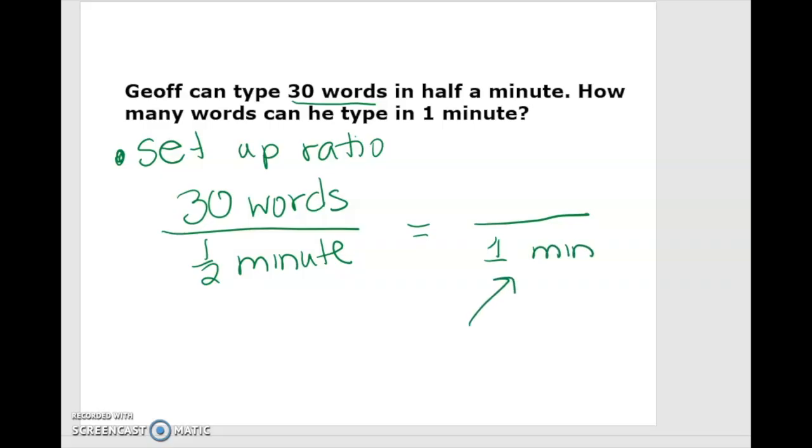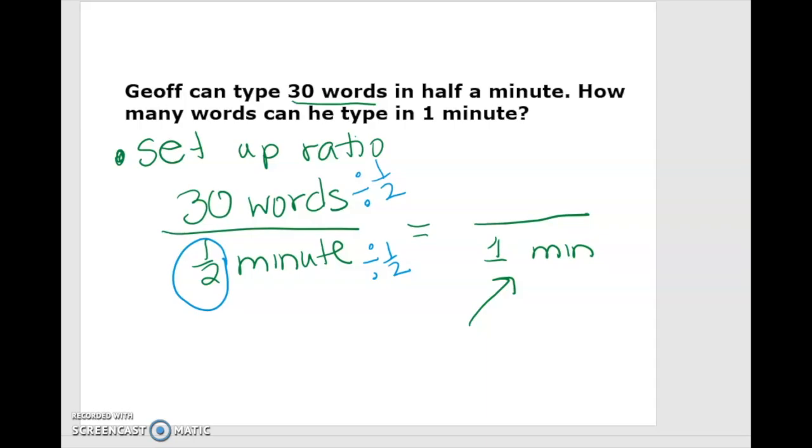So we want the denominator not to be a half of a minute, but to be 1 minute. And the way we're going to do that is we're going to divide by our denominator. So our denominator is 1/2. So we're going to divide 30 by 1/2.